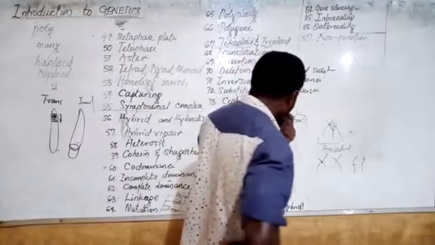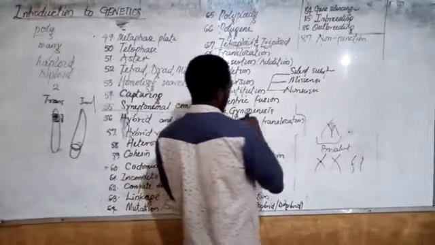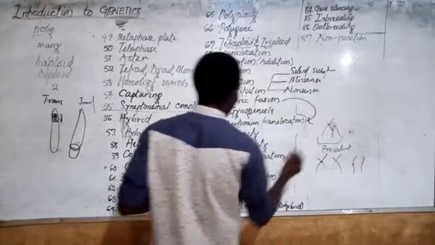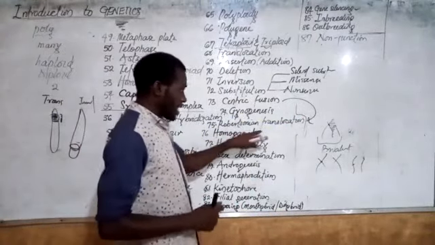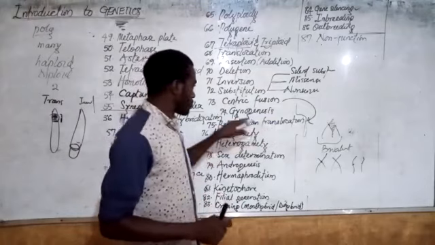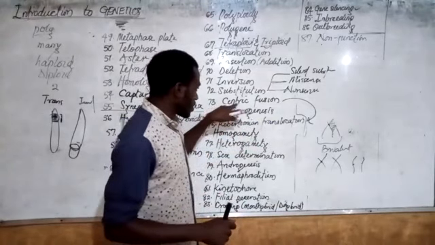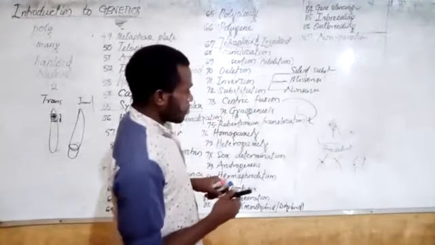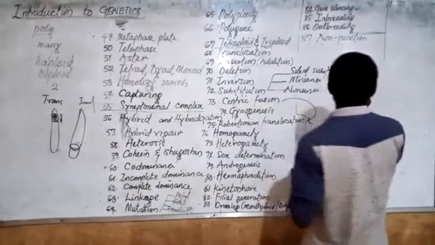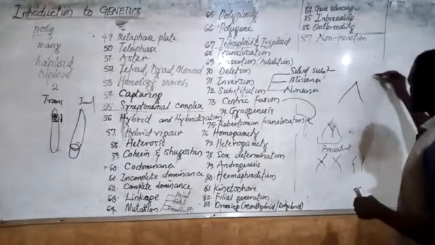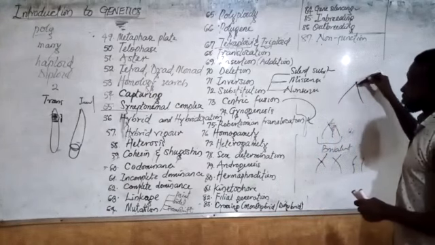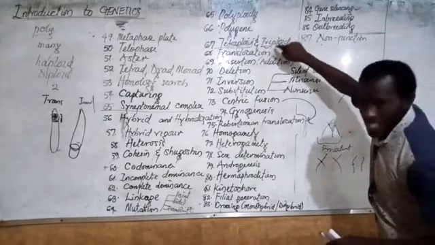All right, then there is centric fusion. Centric fusion is basically, you see these two terms are the same, centric fusion and Robertsonian translocation. Robertsonian centric fusion involves acrocentric chromosomes, that we talked about. If an acrocentric chromosome translocates, that is moves.